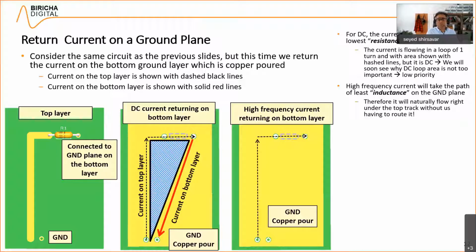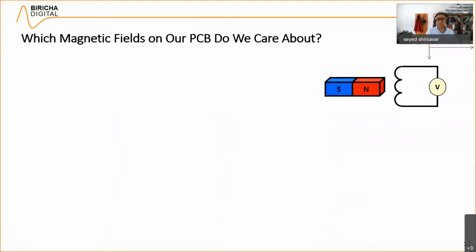But if it's high frequency, instead of taking a straight line over there, it will naturally flow from there to there and there to there, because that is the path of least inductance. That's why we twist two conductors together for the current going in and returning. The area is naturally minimized, and around it the fields are cancelled.